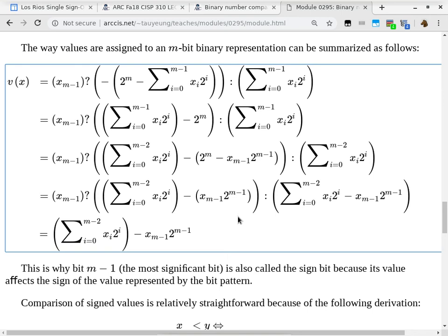Because now the second term of the ternary expression and the third term of the ternary expression look exactly the same, which is great because they're the same. So that means I can use a single expression to tell me what is the value represented by a signed binary number or a binary number interpreted signed. Is that okay? More or less?